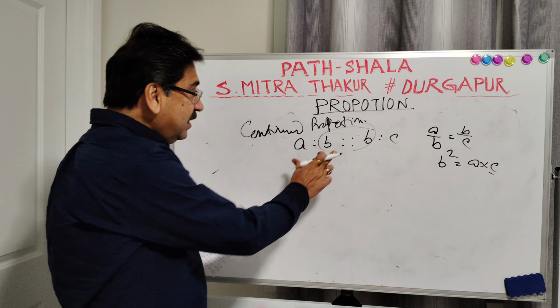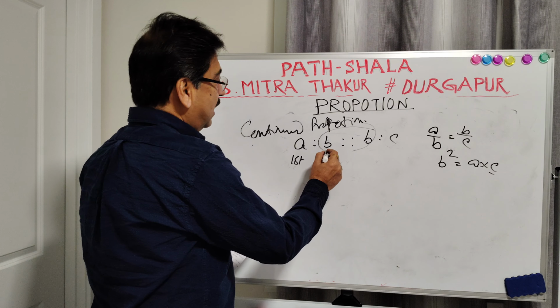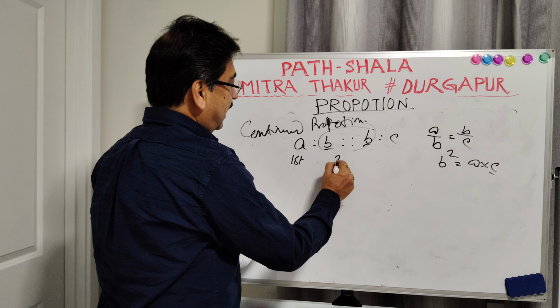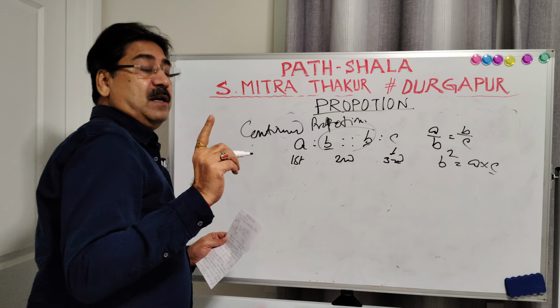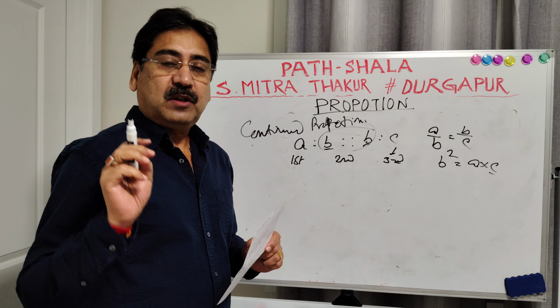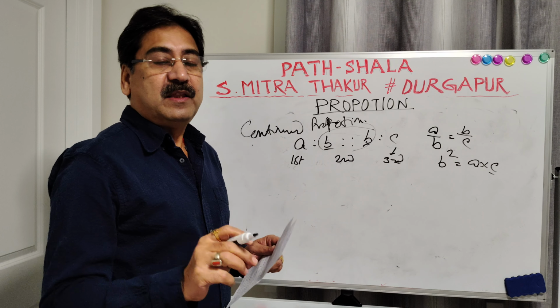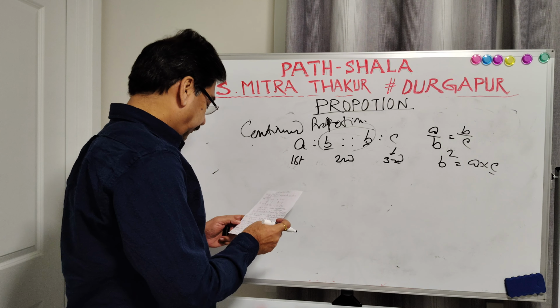Right? In this case, this is the first proportional, these both are the same, this is the second proportional, and this is the third proportional. So when the math comes for third proportional, you assume that it is in continued proportion. Okay?